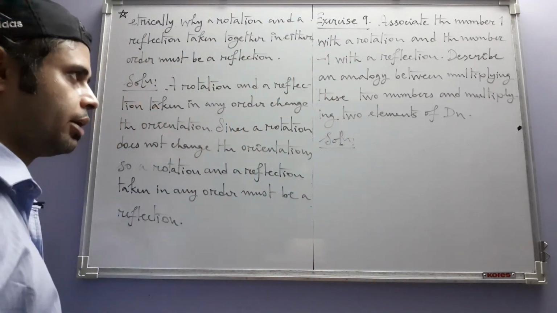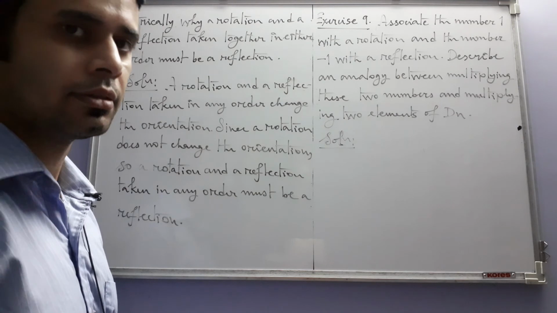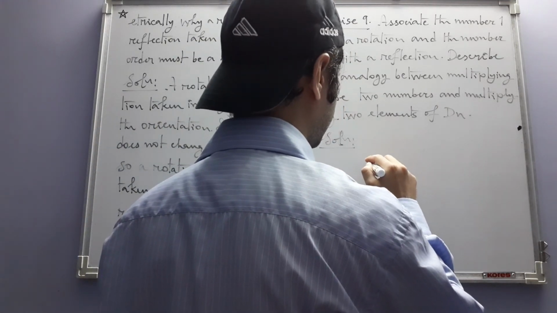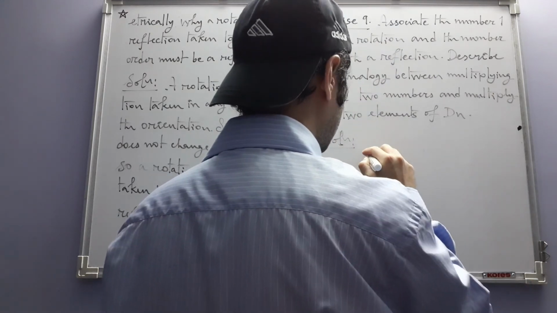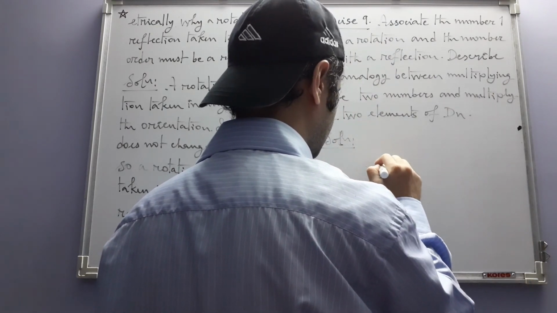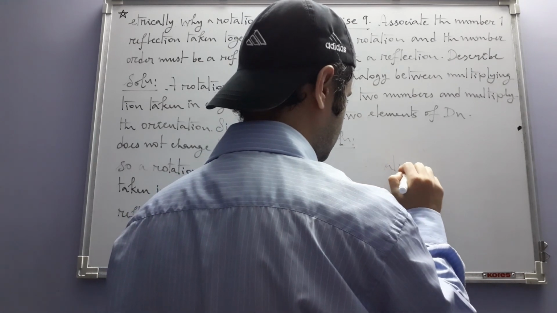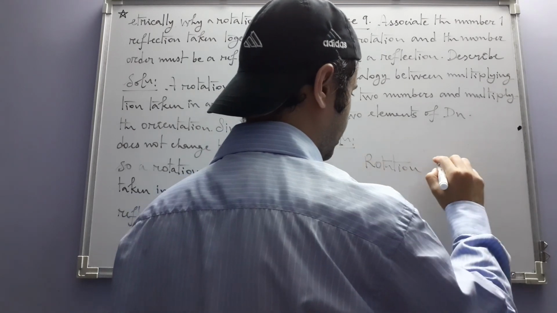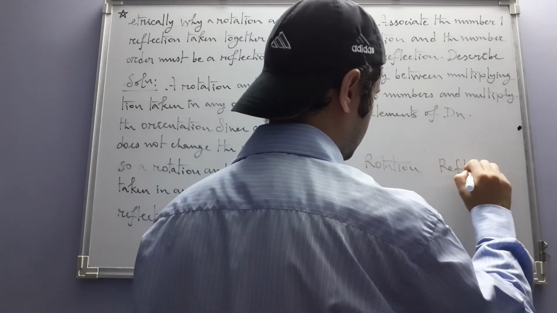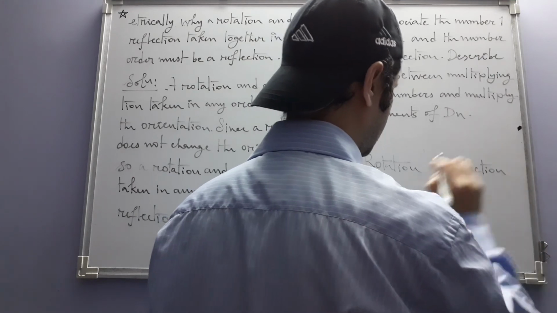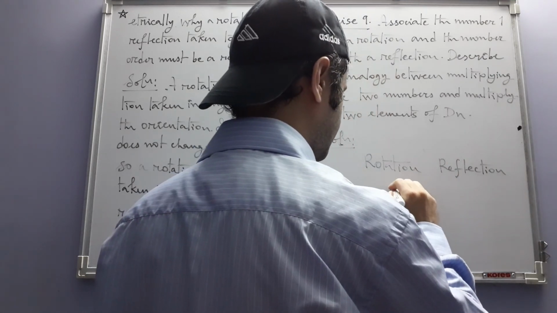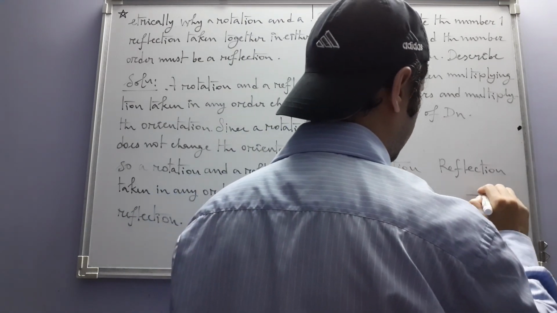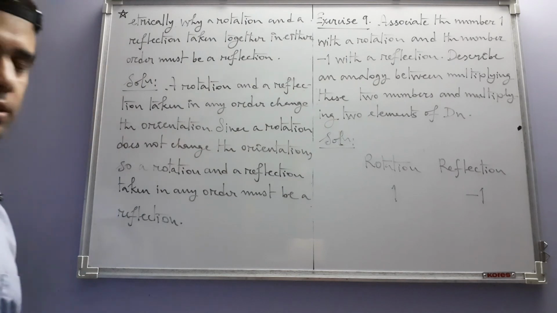I am not going to write anything elaborately, you can write it. The thing here is that you have a rotation and a reflection. We are associating the number 1 with rotation and -1 with reflection.